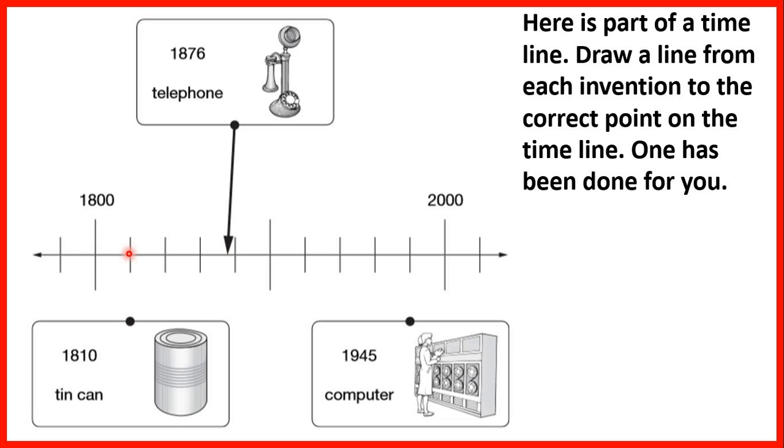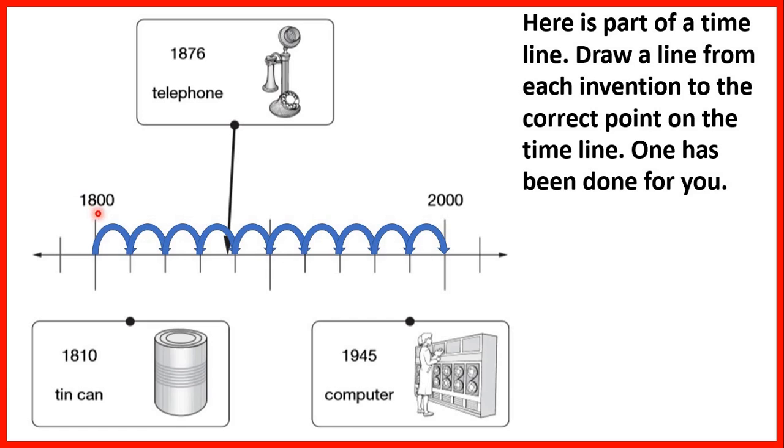Now, to understand how this timeline works, we need to know what each of these little lines represents. We have 1800 and 2000 marked on our timeline, and to get from that point to that point, we have 1, 2, 3, 4, 5, 6, 7, 8, 9, 10 lines.